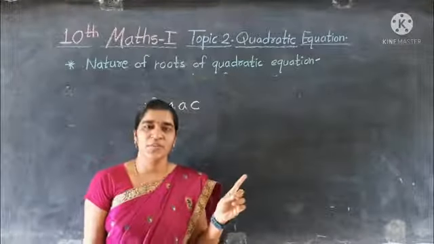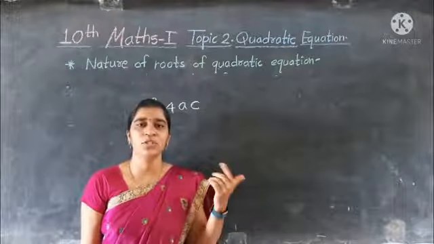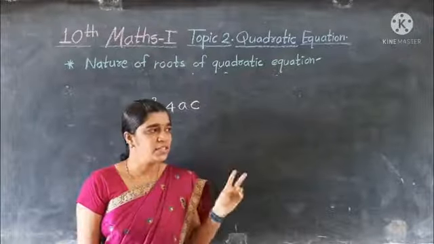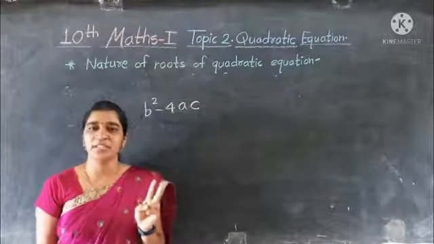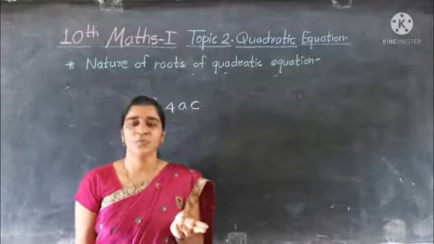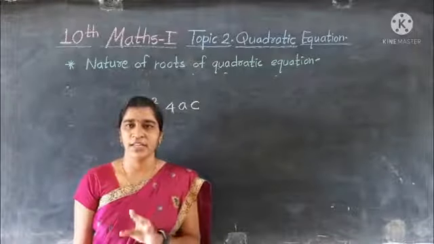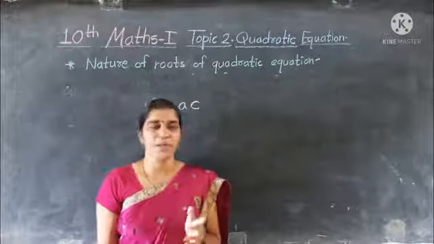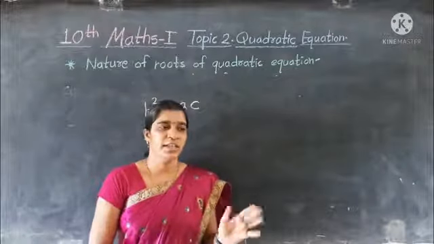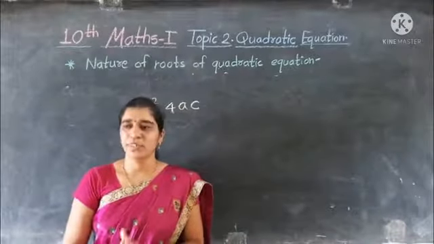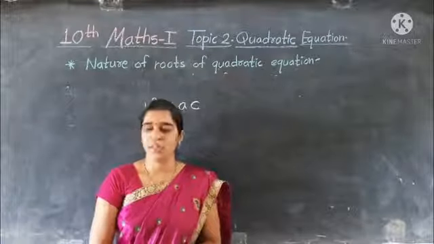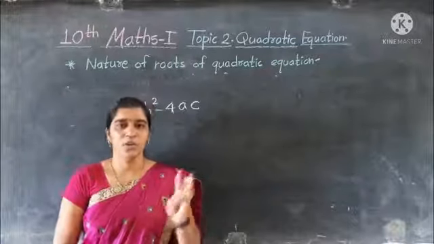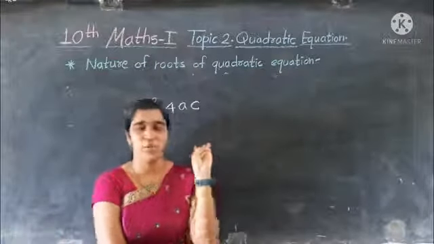First condition, if b square minus 4ac is equal to 0, then the roots are real and equal. Second condition, if b square minus 4ac is positive, means greater than 0, then the roots are real and unequal. Third condition, if b square minus 4ac is less than 0, that is negative, then the roots of given quadratic equation are not real. You remember these three conditions.